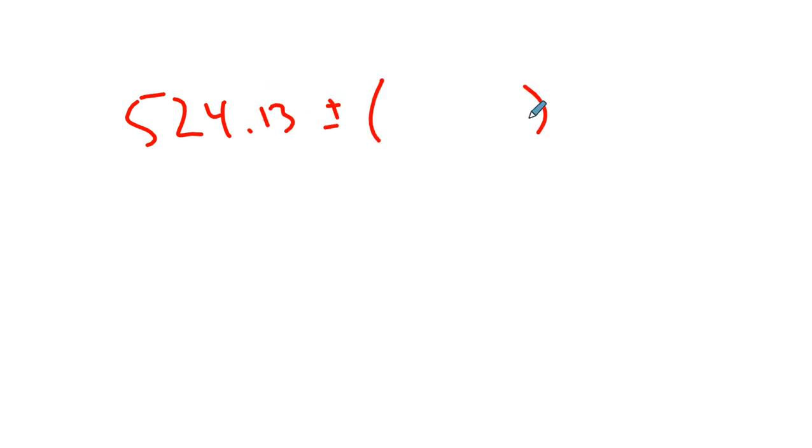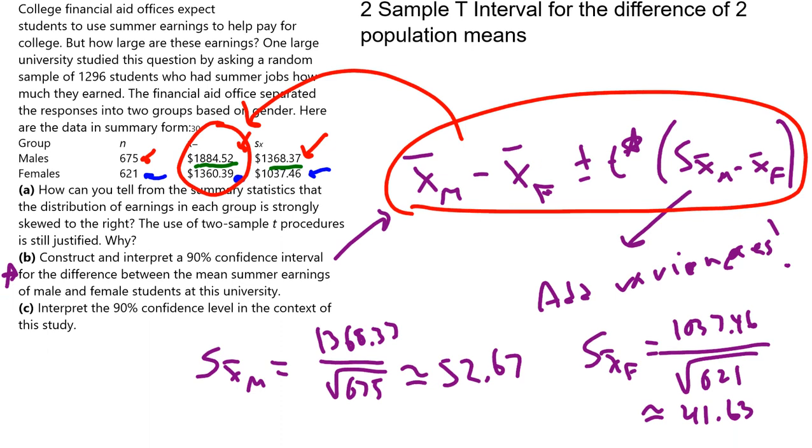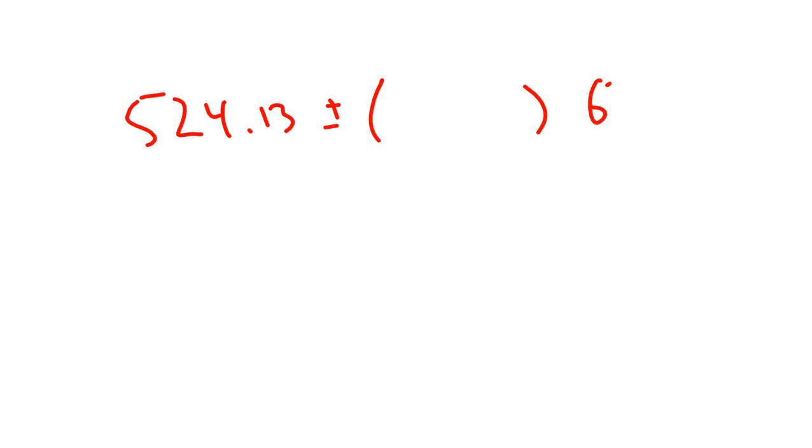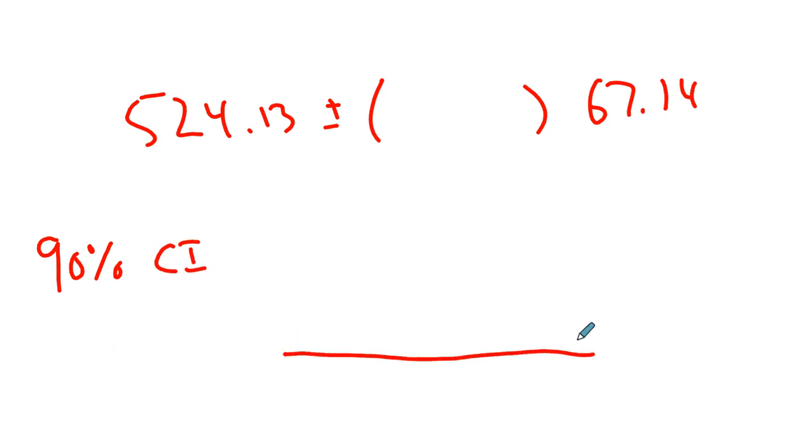We're going to need t star. And then our standard deviation we calculated a moment ago was this number, 67.14. So I'm going to put that in here, 67.14. And now we wanted a 90% confidence interval. Well, to do that, draw a picture of a t distribution.